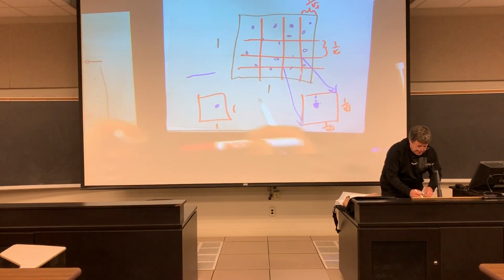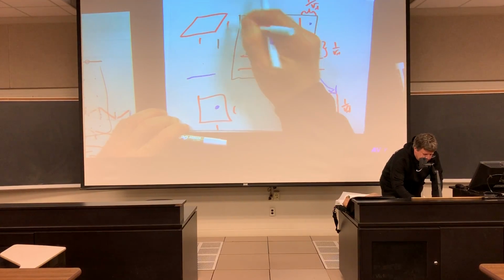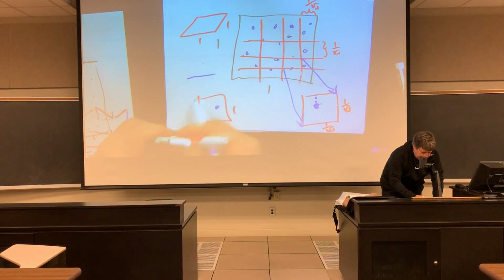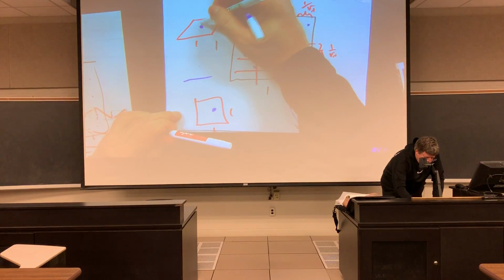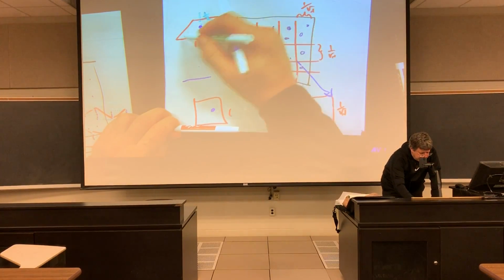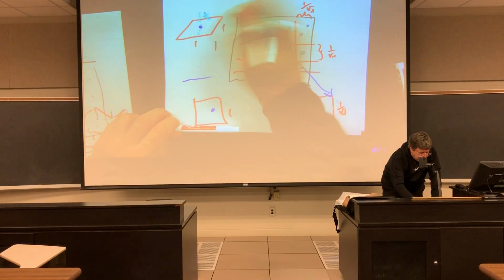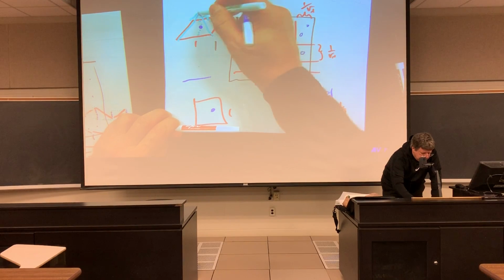Let me draw it in perspective for you. This is a 1 by 1, right? And if you're in the middle, the distance will be a half to the nearest wall. And if you're at the edges, the distance will be 0. And the distances will increase as you get closer to the middle.